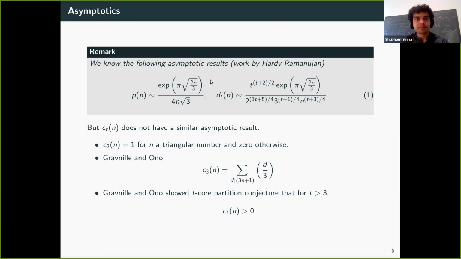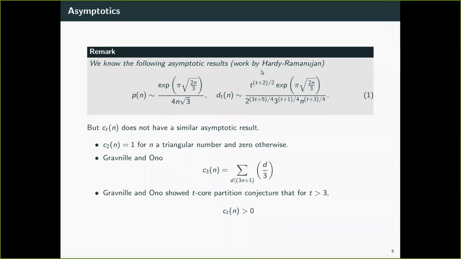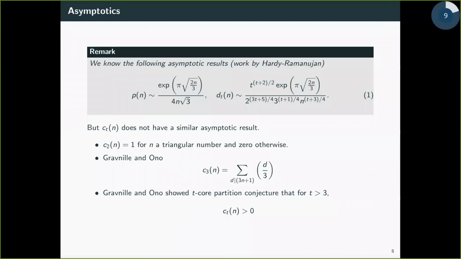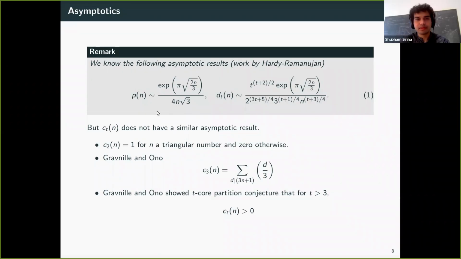Now, what do we know? Our study, as you may have seen in the abstract, is more of an asymptotic study. So let's recall the famous result, a celebrated result, that the number of partitions is some exponent of the square root of n with certain constants coming into the picture.